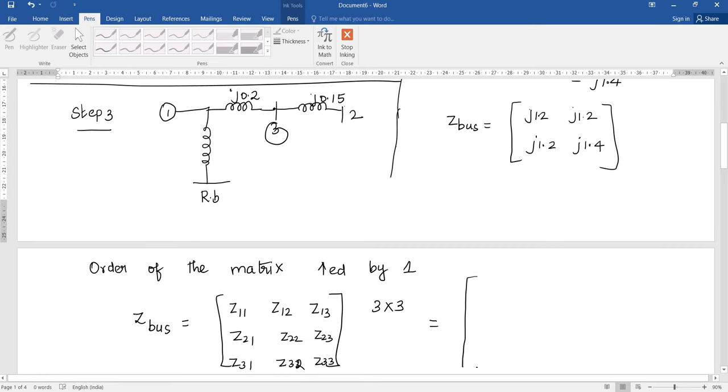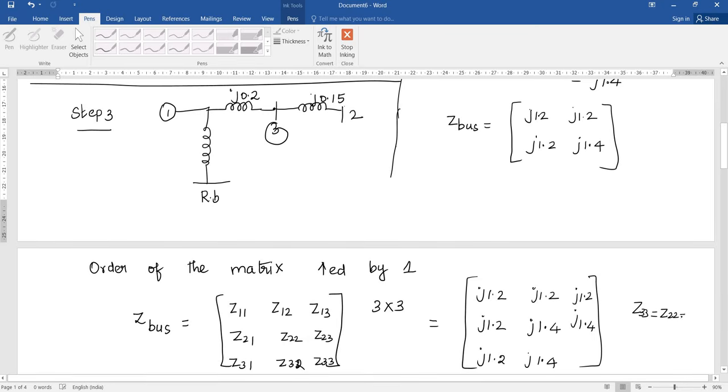Write the same previous matrix again: j1.2, j1.2, j1.2, j1.4. Copy these elements and paste them here. Here I have to copy the elements and paste them in the third row, j1.4.